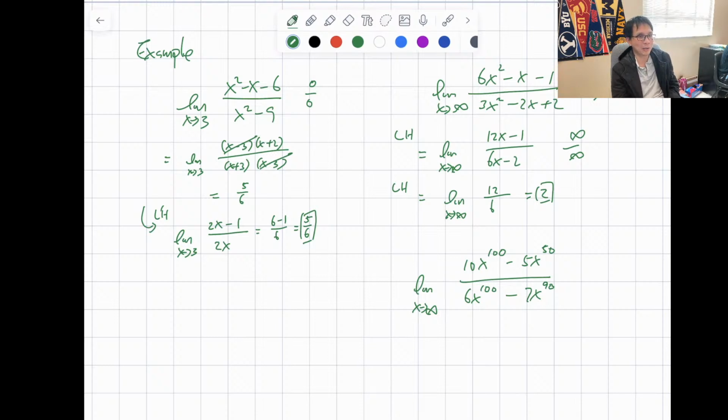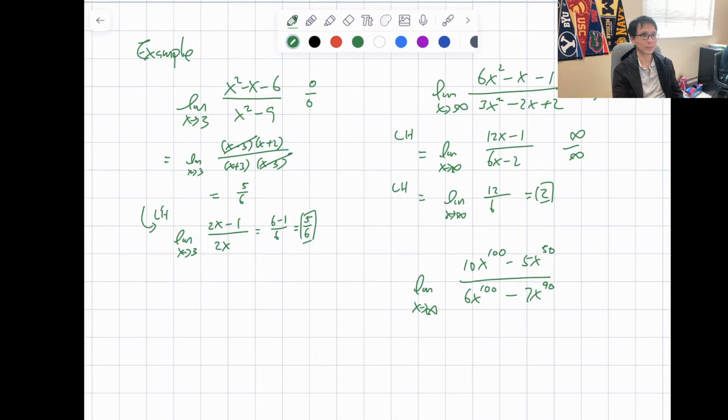Because every time I do, it's going to be infinity over infinity. If you got 10 times 100, it'll be 1000x to the 99 minus 250x to the 49 over 600x to the 99 minus 630x to the 89. That's not okay, because if you keep on doing derivatives, you're going to spend all the time there.